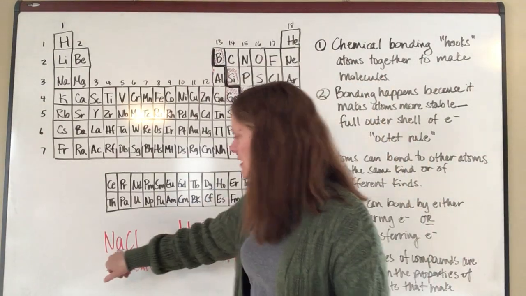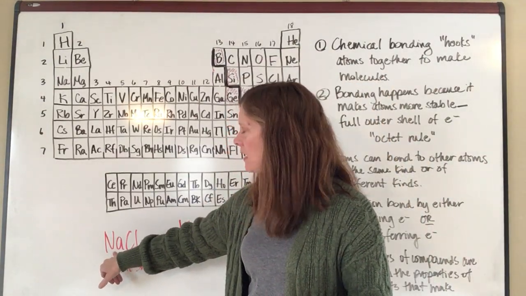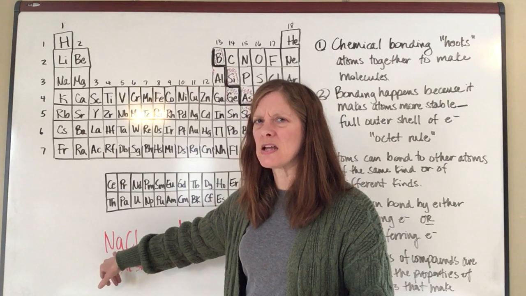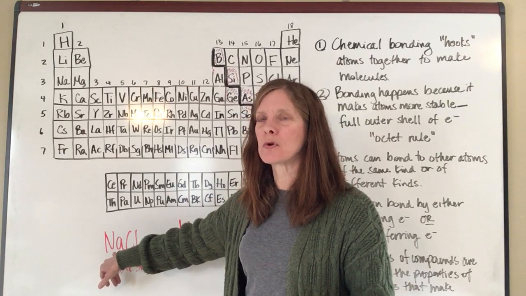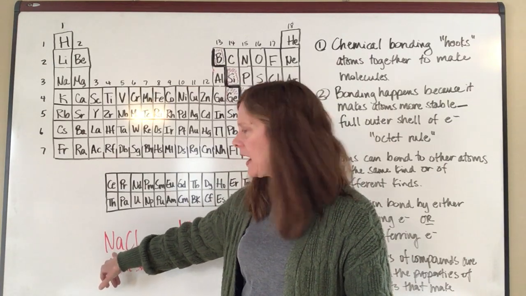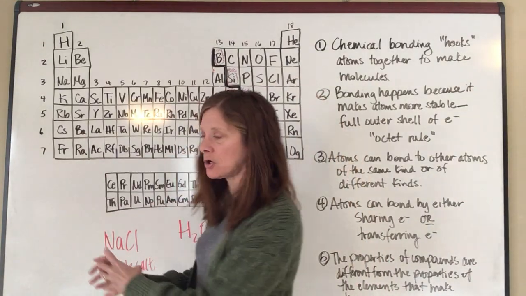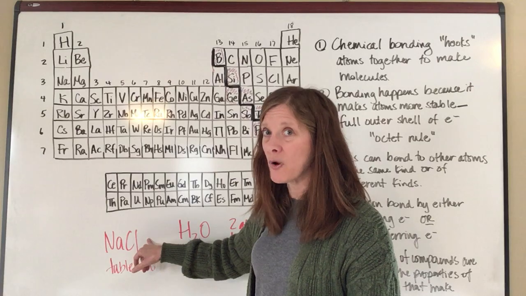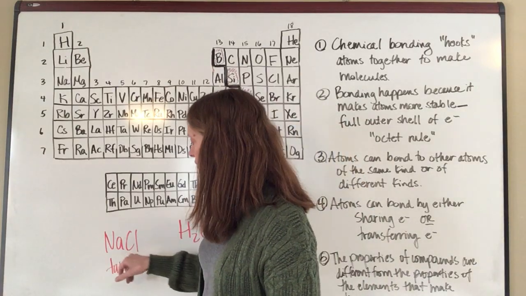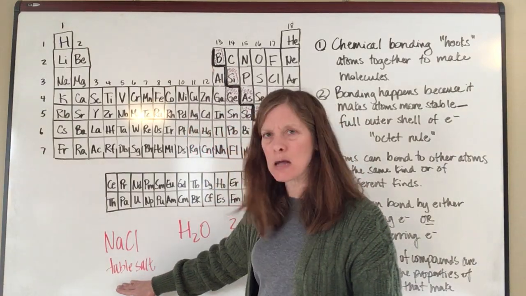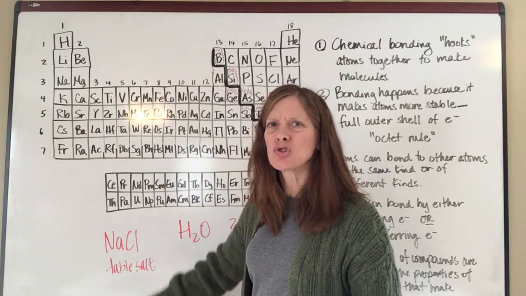And so I'm taking something that is a shiny metal that causes a fire when I put it into water and putting it with some sort of a greenish gas, and chlorine is also poisonous, by the way. Yet when I put these two together into table salt, I get something that's totally different.